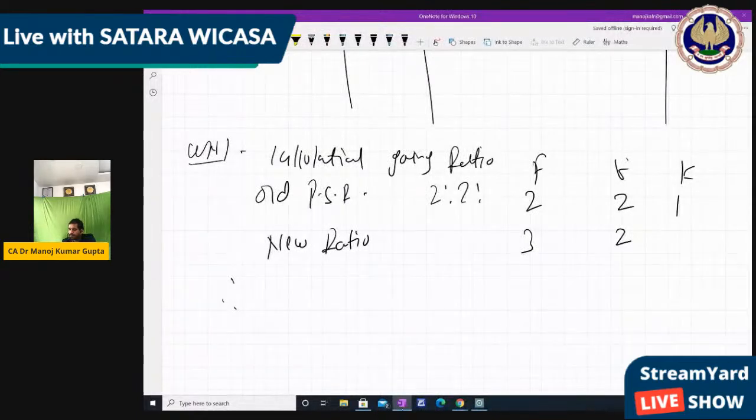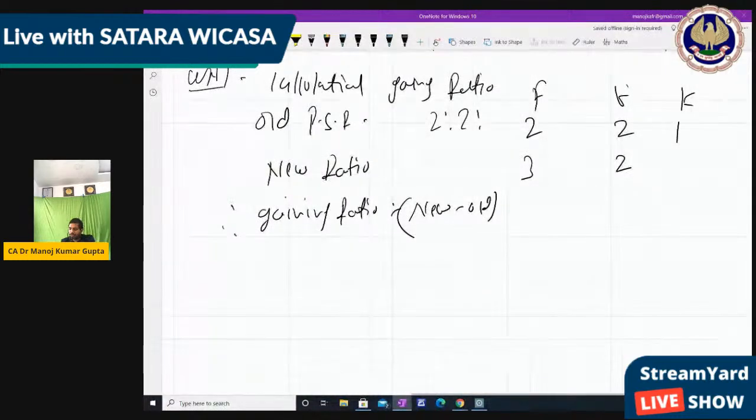Therefore, gaining ratio will be new minus old, right? Sorry, new ratio for F is 3/5. 3/5 minus 2/5, it becomes 1/5.